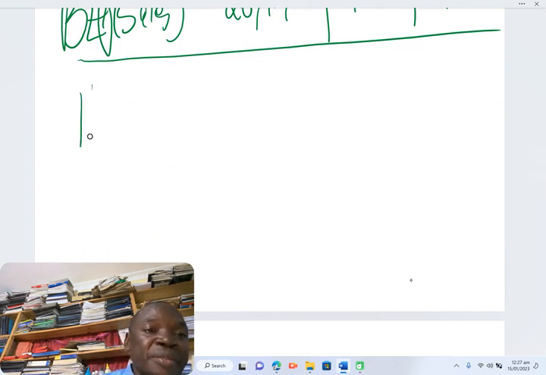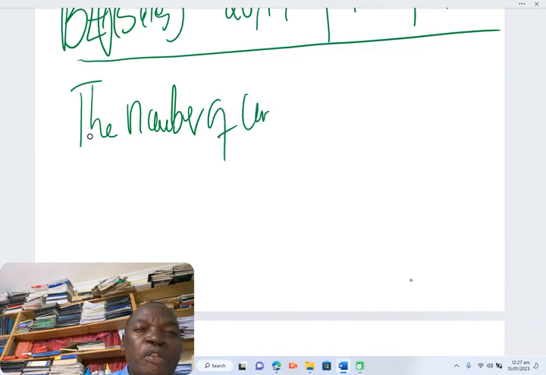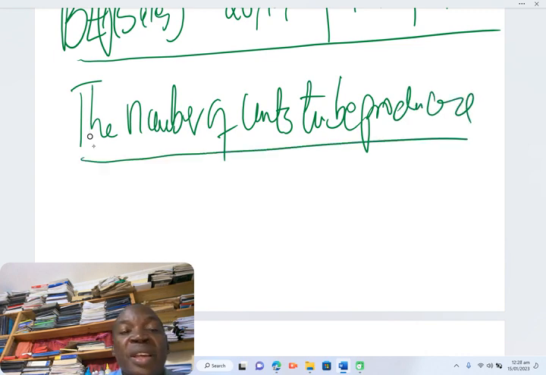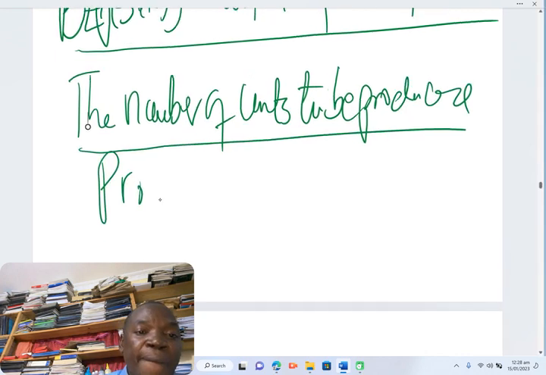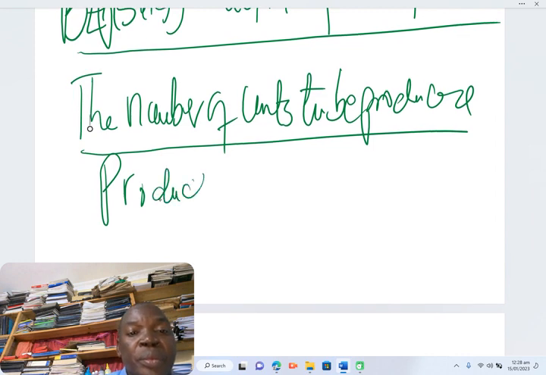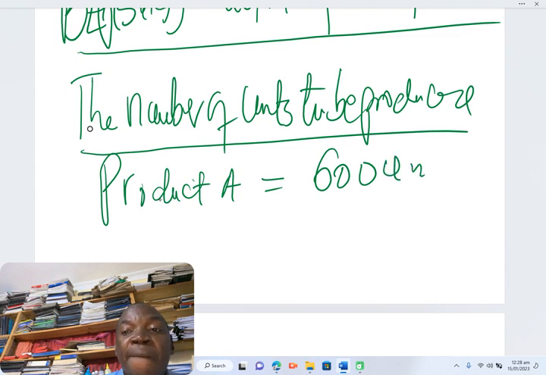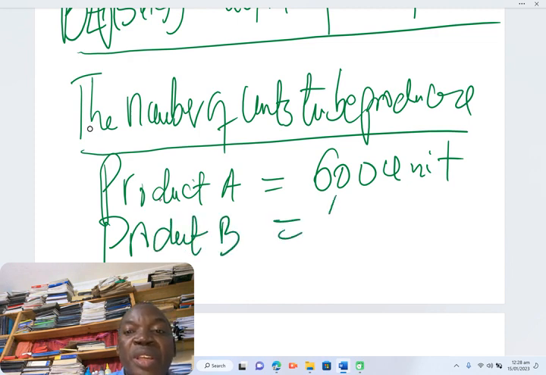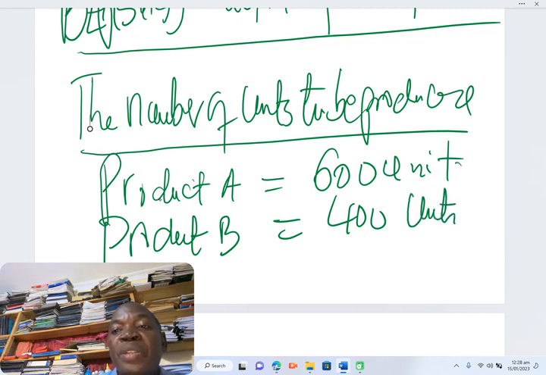The number of units to be produced: you write here product A 600 units, product B 400 units.